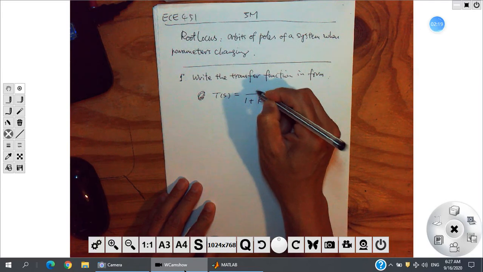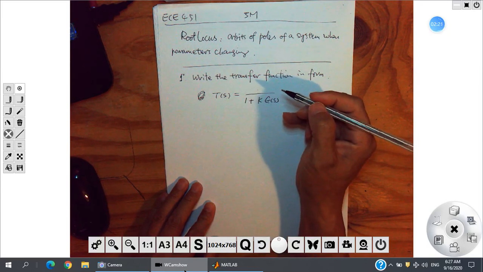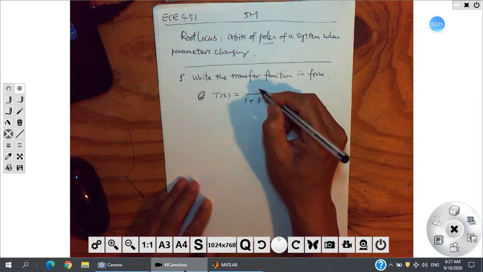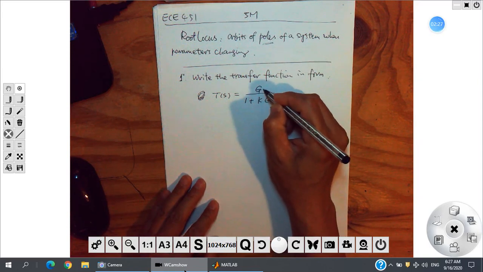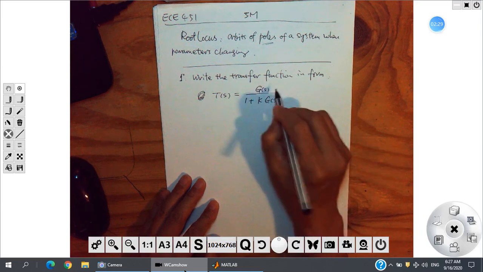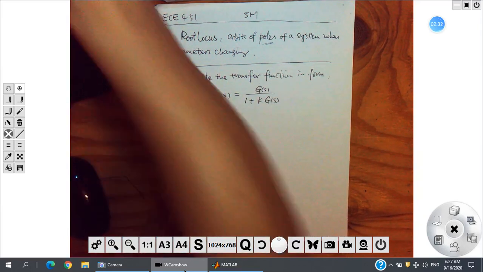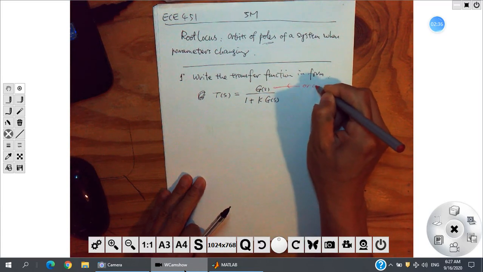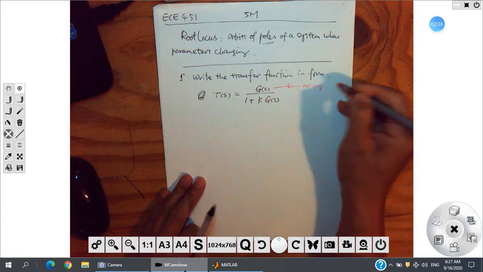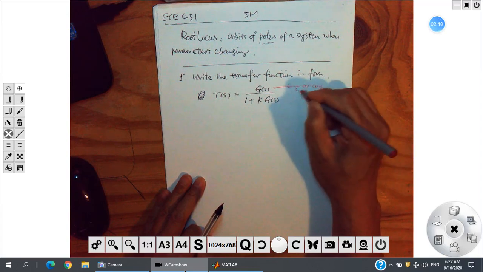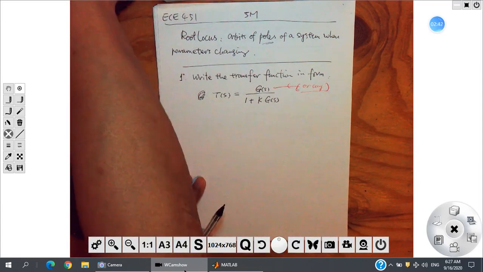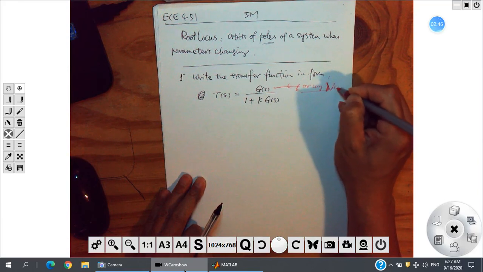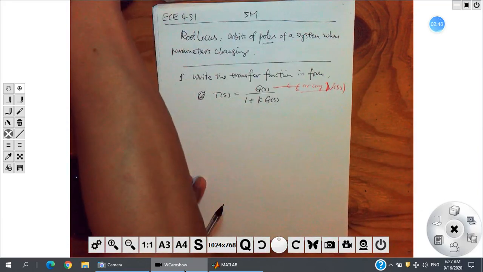The numerator doesn't matter because we are checking the poles, right? So here, for convenience, we can just think of it as S, or anything, like a numerator N of S, okay?